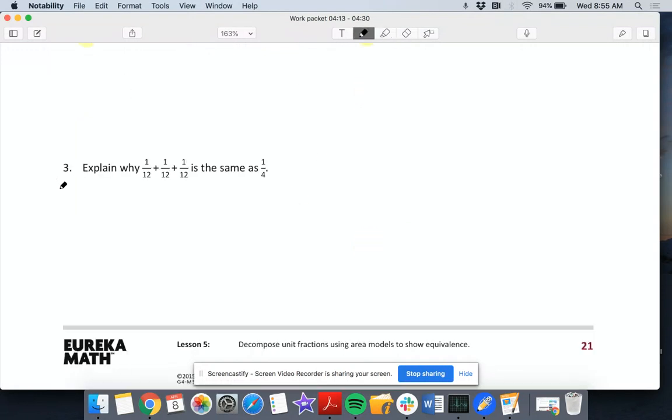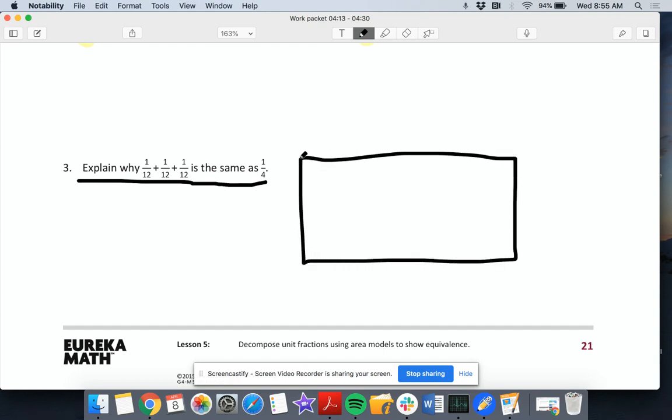Let's try to figure out, explain why 1/12 plus 1/12 plus 1/12 is the same as 1/4. I'm going to use my area model. Area model is essentially the same thing as tape diagrams, right? But we're going to call it area models because now we're dividing horizontally as well as vertically.